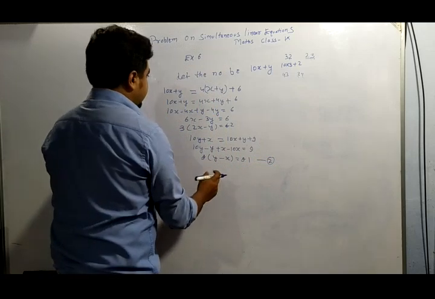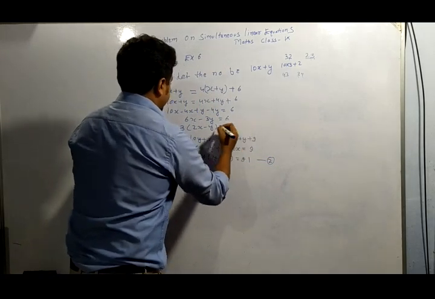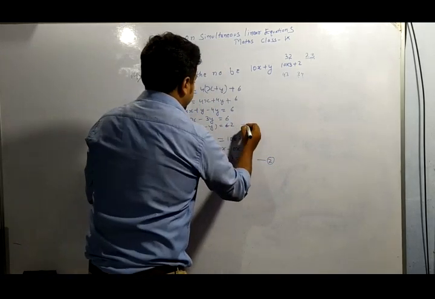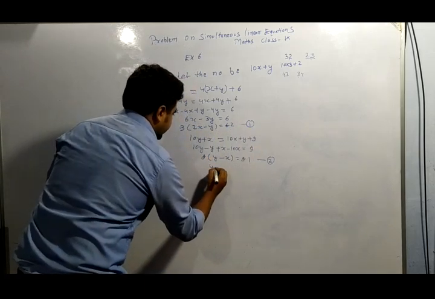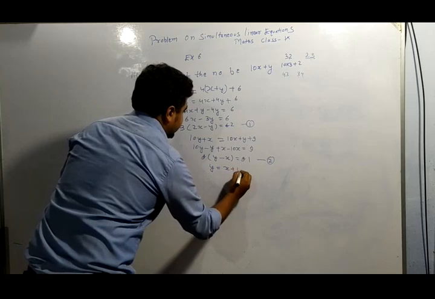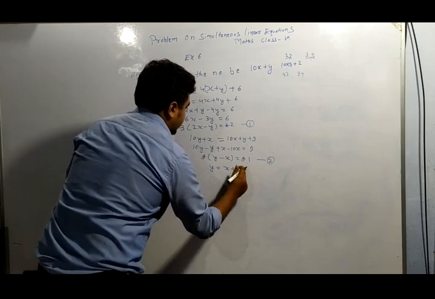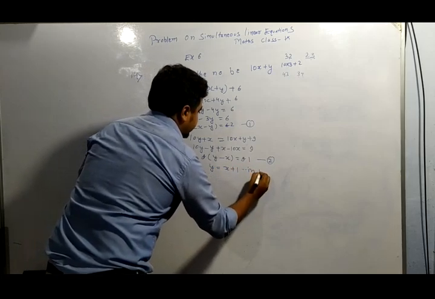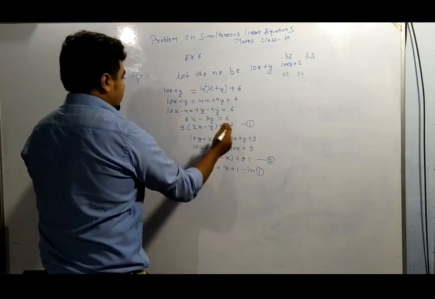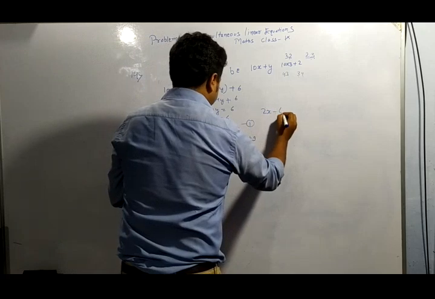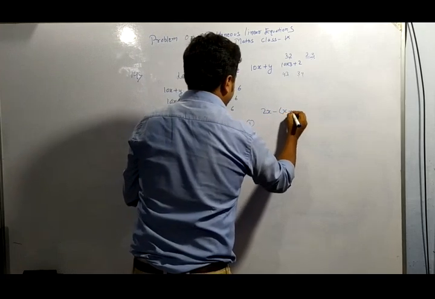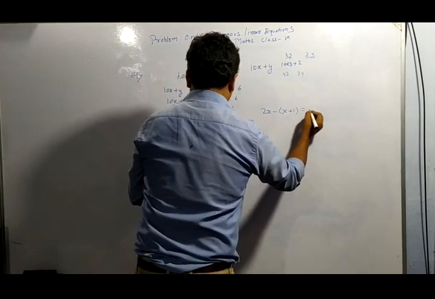Now the first thing is this one, 2x minus y is equal to 2. Now I can substitute y is equal to x plus 1 in equation 1. Y is equal to x plus 1. 2x minus of x plus 1 equal to 2.